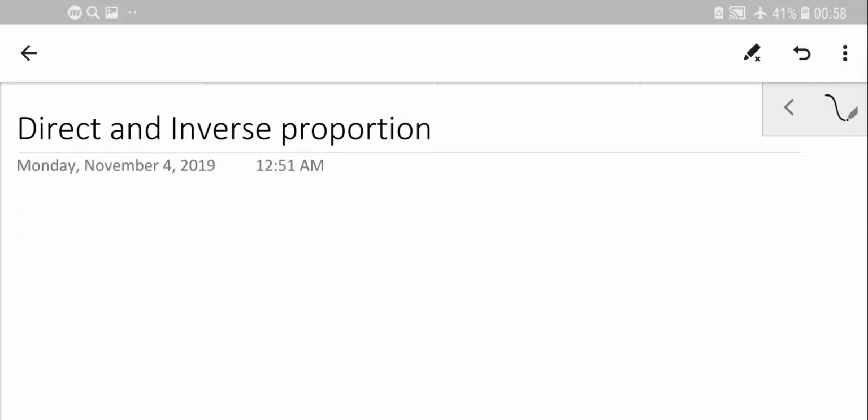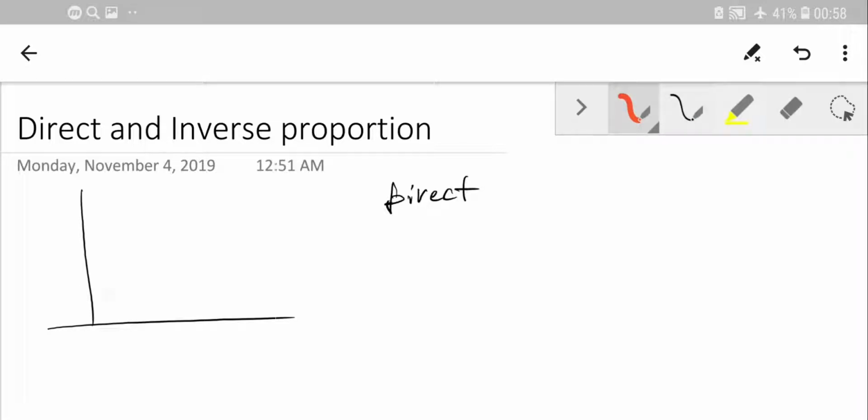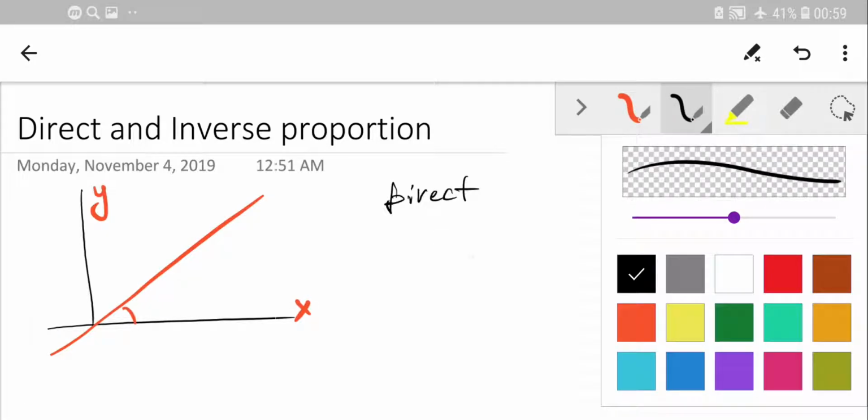I was asked by students to clarify this topic, direct and inverse proportionality. So what it means? Actually, it's pretty easy. If you consider direct proportion, direct actually means that you have the straight line that goes with a specific gradient. So in terms of y from x, it should be the following.